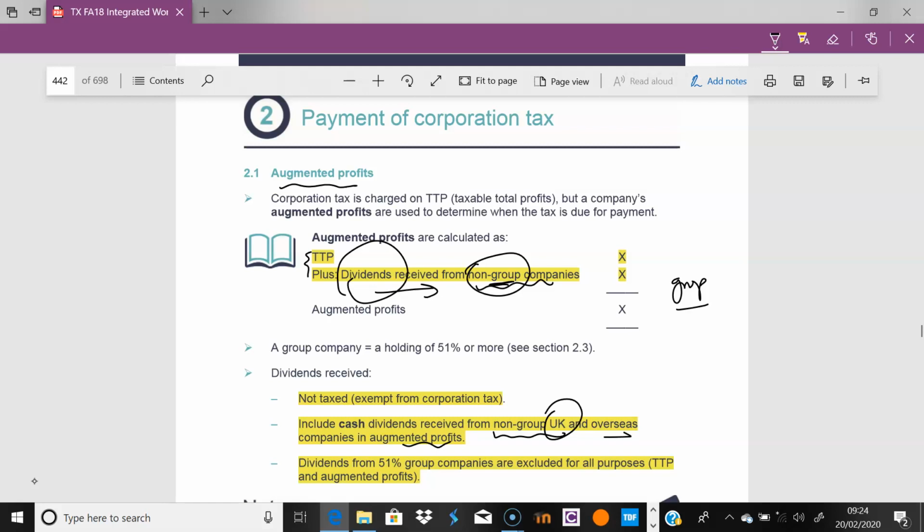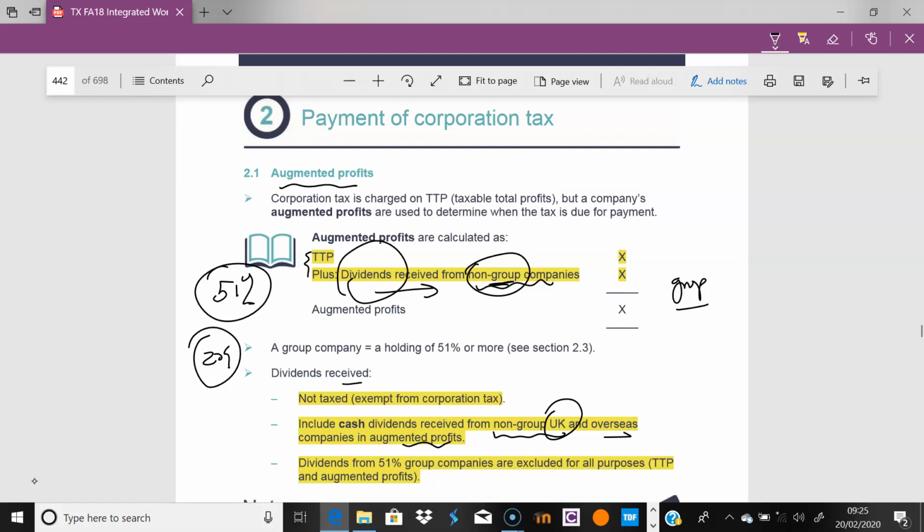So non-group, overseas, they're not part of our group. The group means that we control more than 50% of the company involved. So you can have a company where we have a 20% stake, and this is not really part of our group. This is what's referred to as an associate.